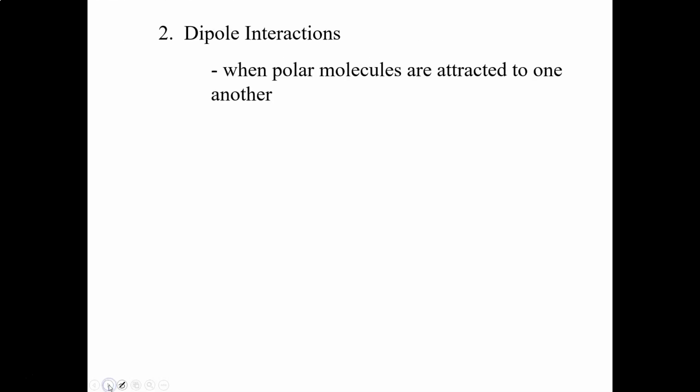Now, the next step up from a dispersion force is called a dipole force, or a dipole interaction. And this is where you would have polar molecules. So now we're talking about molecules that do have a permanently partial positive and a permanently partial negative that's already there because they have polar molecules. In this case, now we have something that's a little stronger than a dispersion force.